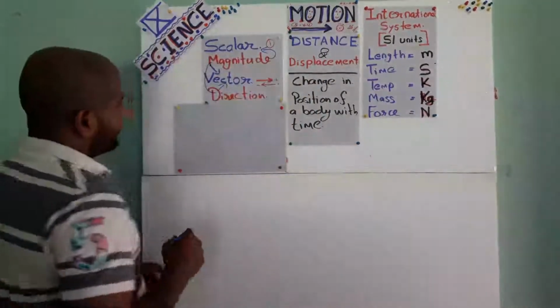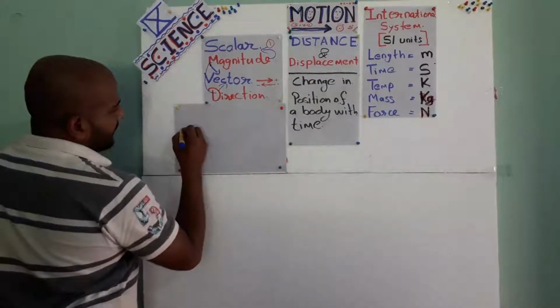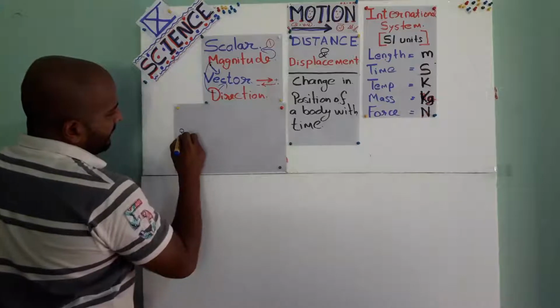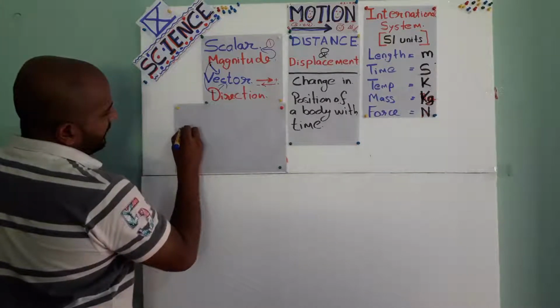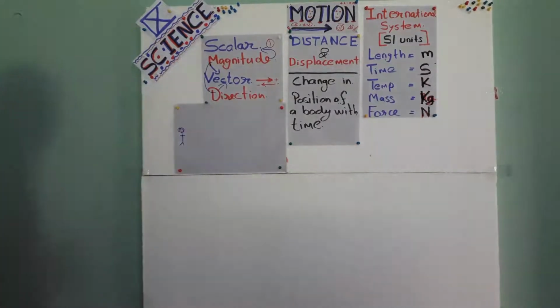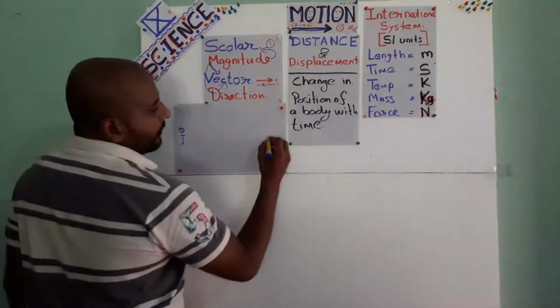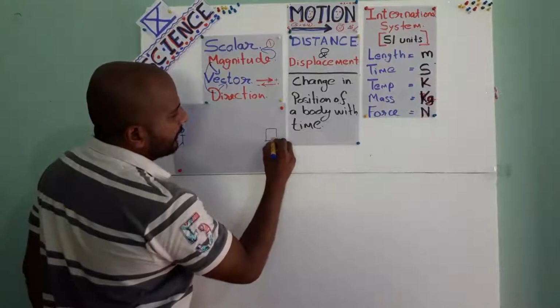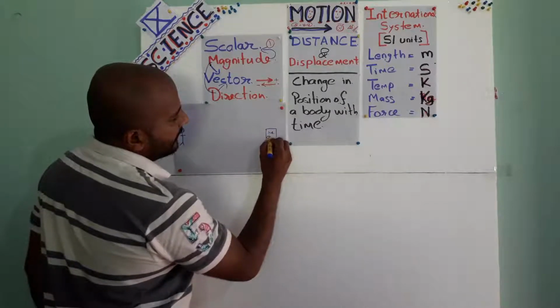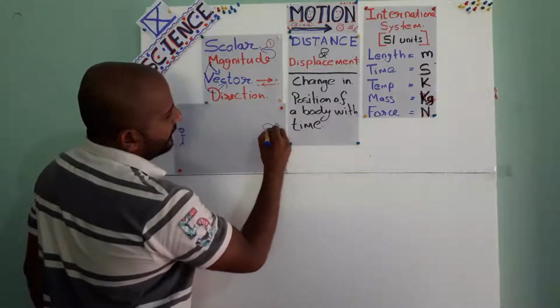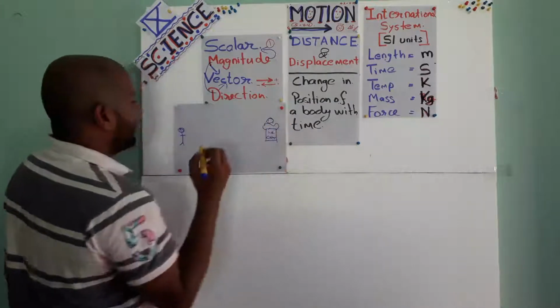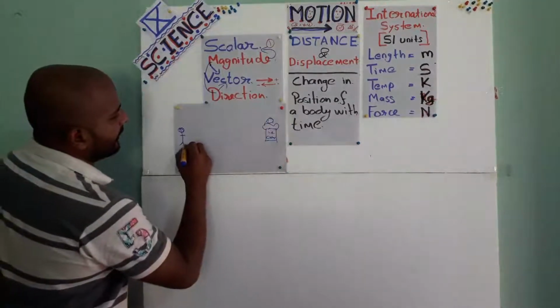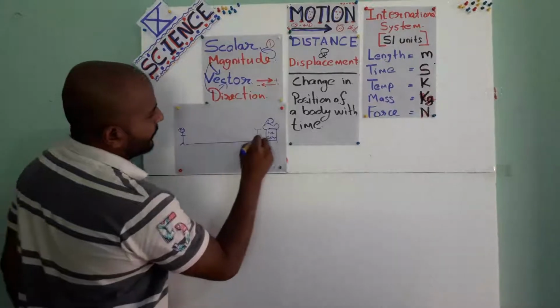Just imagine you are standing here. Okay, fine. And here is an ice cream shop. Okay, ice cream shop is here. So the length is 20 meters.